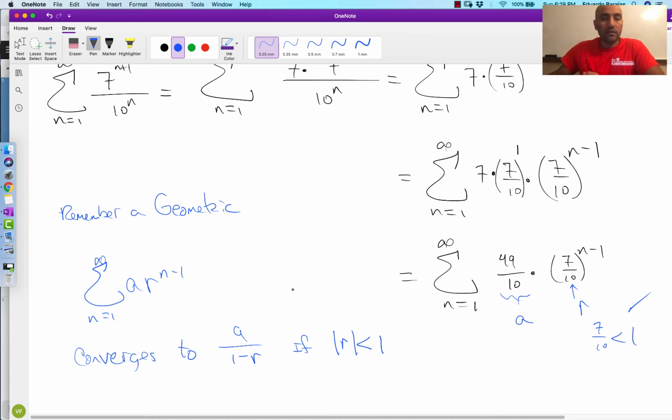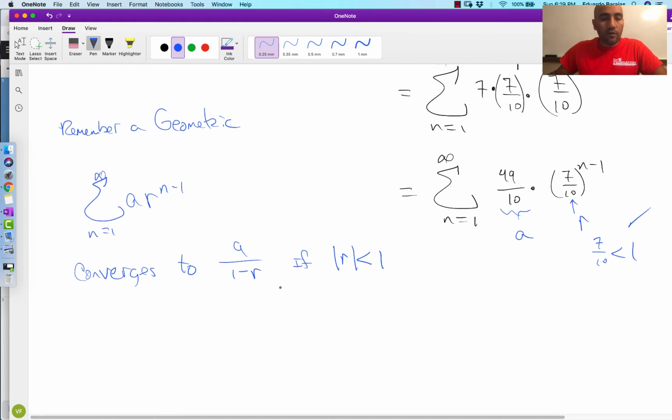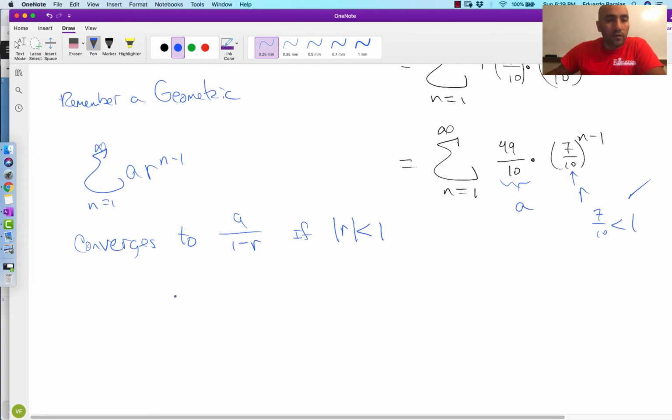Now it's going to converge to this at infinity, but also we saw from our work before that for a geometric series, we found the value of s sub n.